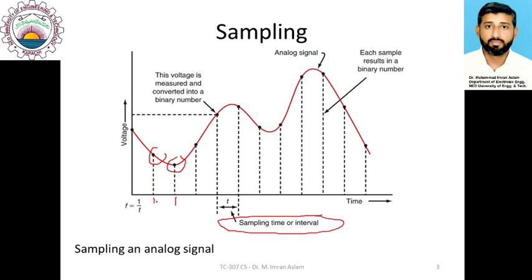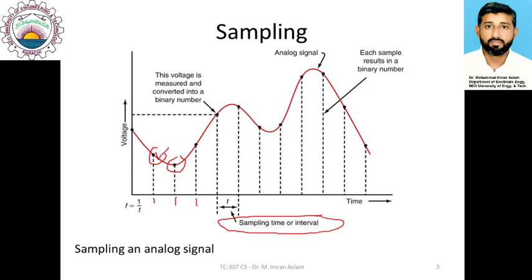So this interval between samples is constant. Each sample corresponds to the specific voltage level at that particular point.